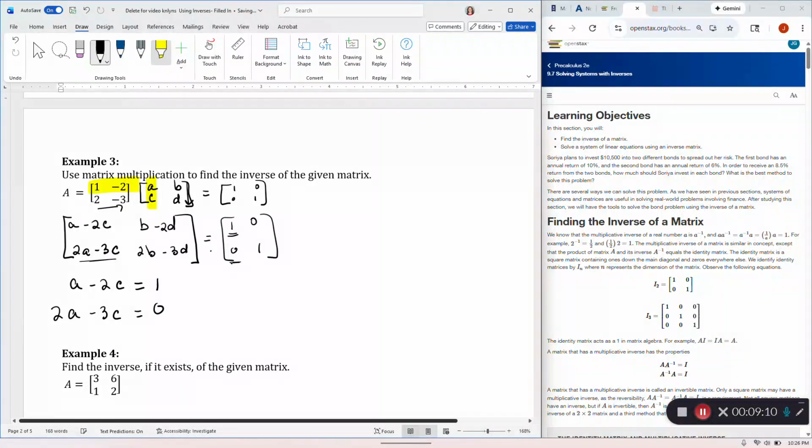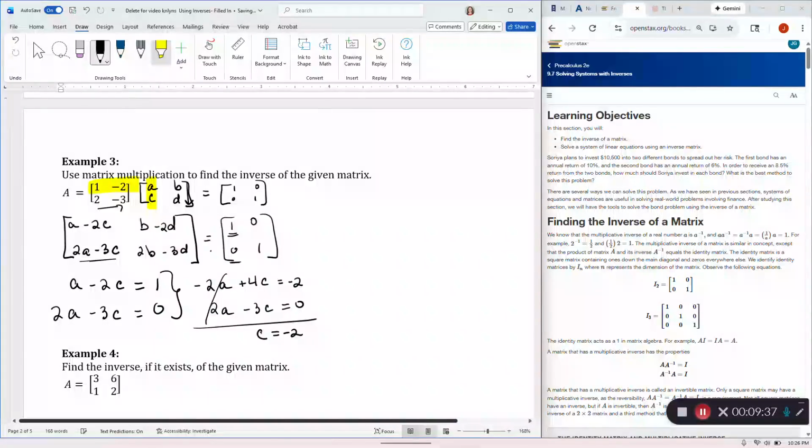I have 2 equations, 2 variables, so I can multiply the top equation by a -2. We'll get -2a plus 4c equals -2. Second equation, 2a minus 3c equals 0. And when I add them together, we get 1c equals -2.